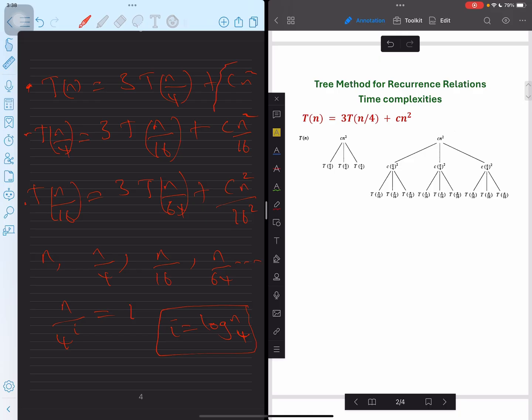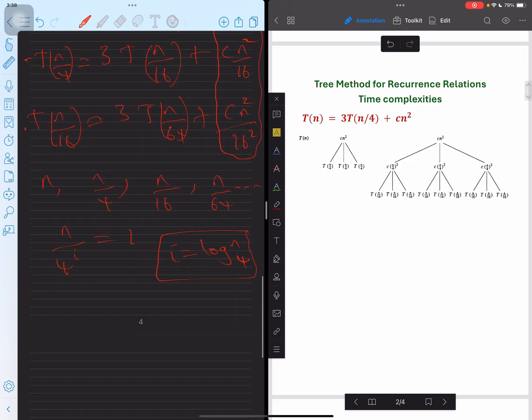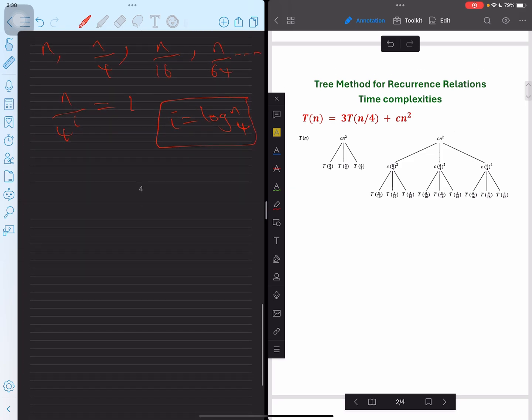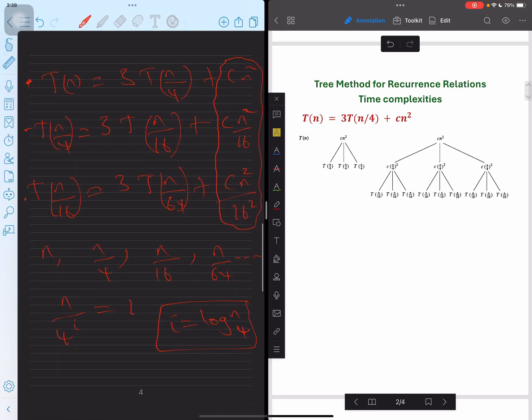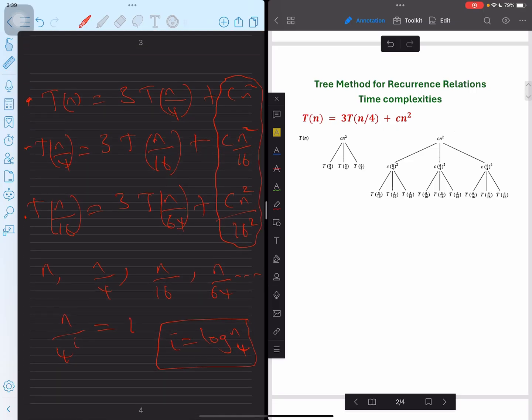So based on these equations, I can see what the pattern will look like. You see this? What I just need to do is start multiplying each of these by 3 and by 9 from the second level. So now the first work done is Cn squared. The second work done is Cn squared divided by 16 for each n by 4.